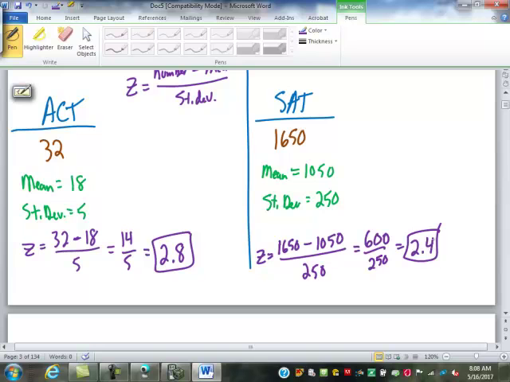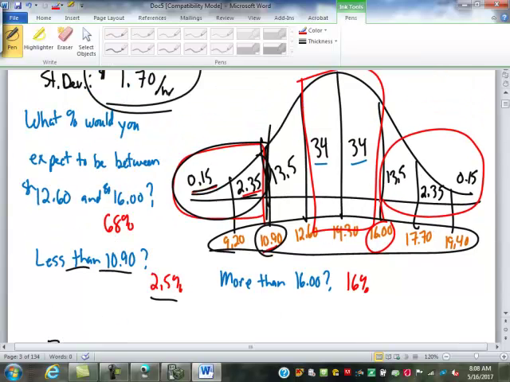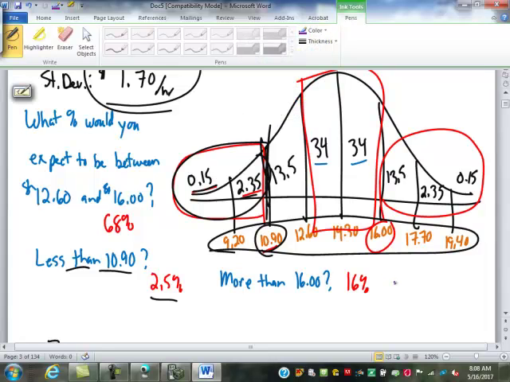That person's score is 2.4 standard deviations above the mean. So this one is the more impressive score. It's more standard deviations above the mean for its population. Because each of those populations will take on this same bell curve. 2.4 standard deviations is somewhere in here. 2.8.